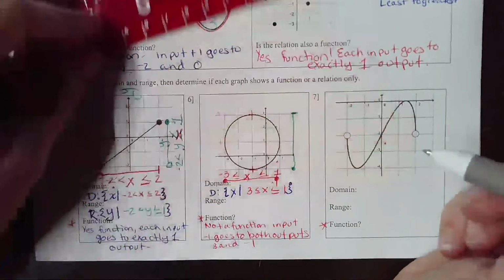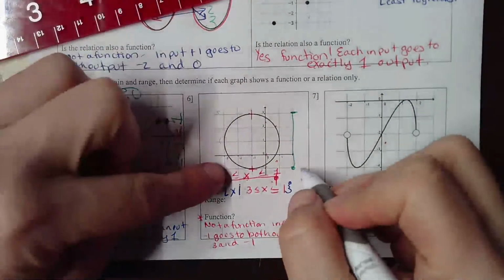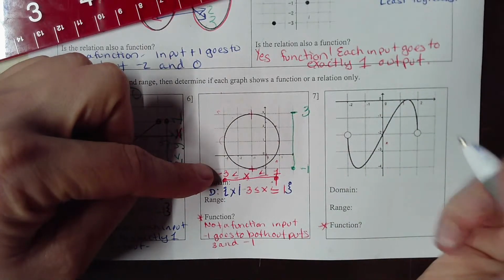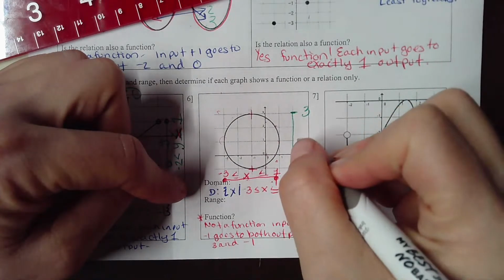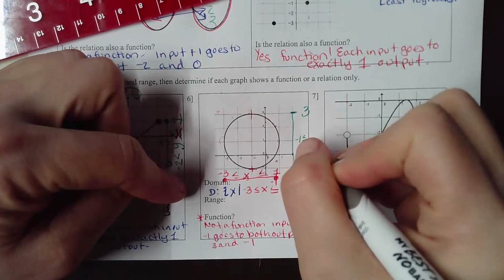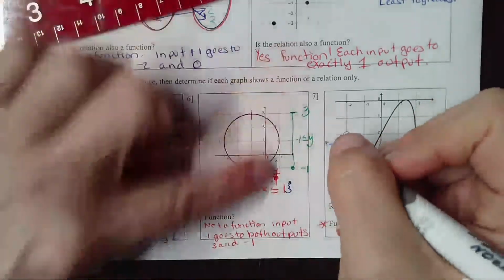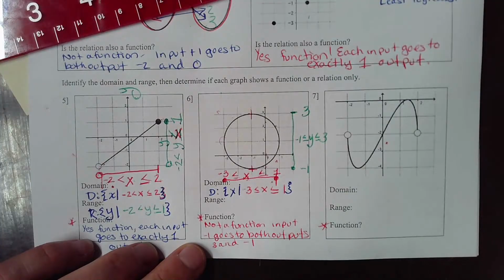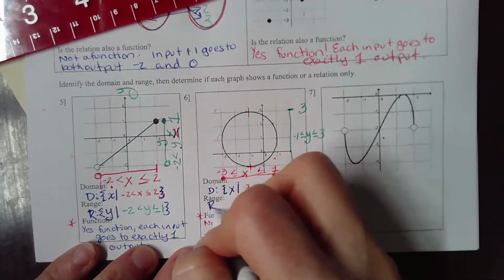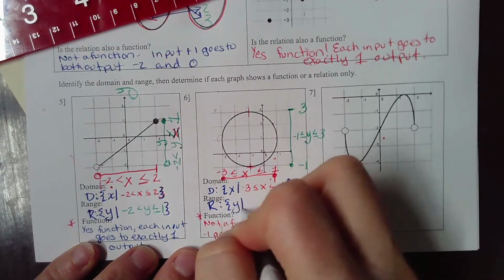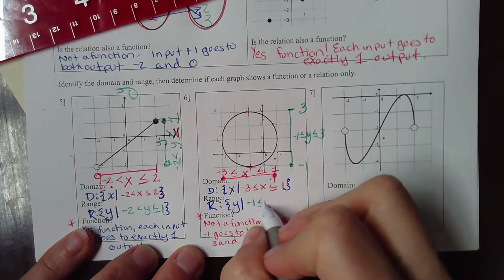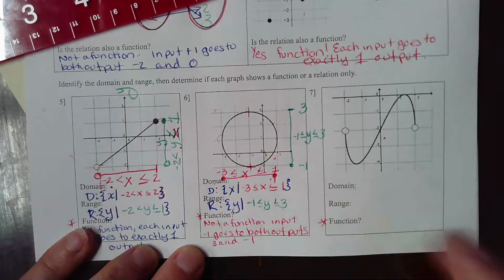I'm going to mark it, and I'm going to move off. This was at -1. This was at 3. So what's the inequality? -1 is less than or equal to y, because I'm going on the y-axis. It's less than or equal to 3. We have found our domain's range. Range is the set of all y such that -1 is less than or equal to y is less than or equal to 3.